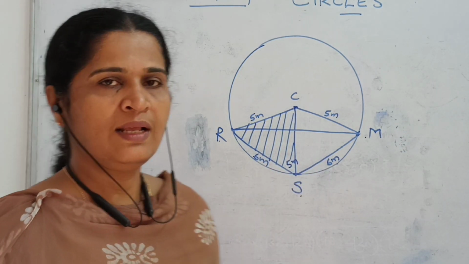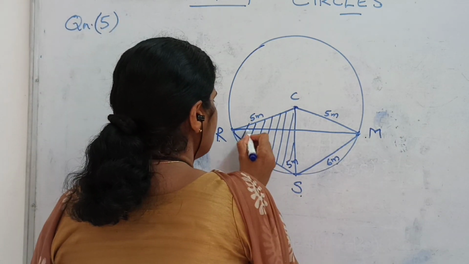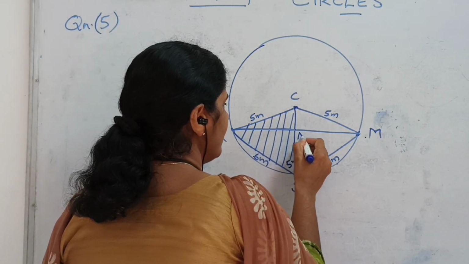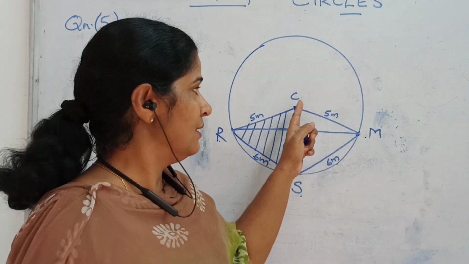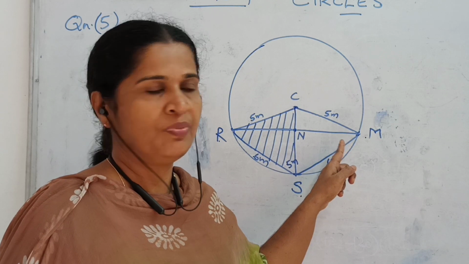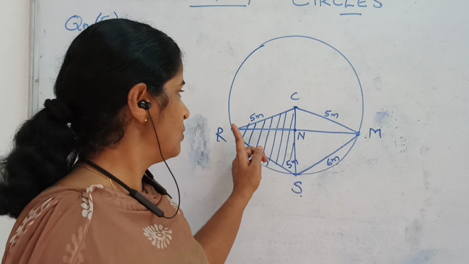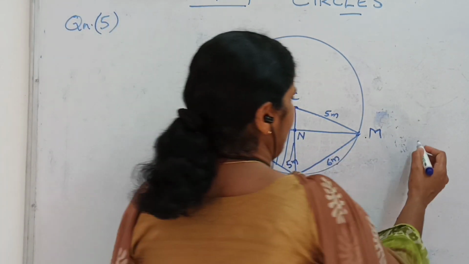Let me represent the midpoint as N. A line drawn from the center to a chord will bisect the chord. So this line RM will be bisected at N. So RN is equal to NM.